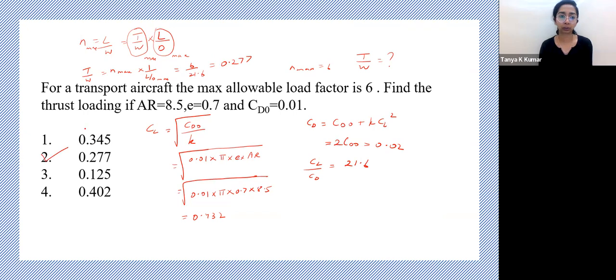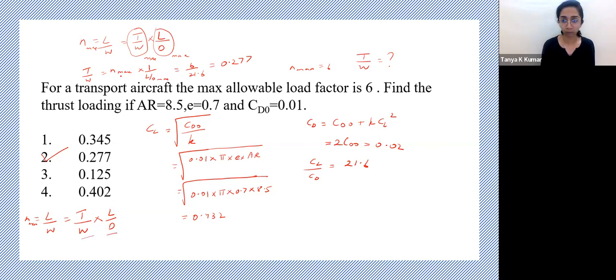So how do we proceed with this question? First, when you see this maximum load factor or anything like that, you start with N equals L by W. And you substitute the values here. So you have L by T by W. They've asked you to find out T by W. So you write it in those terms: T by W into L by D. And since it says N maximum, both these quantities have to be maximized.